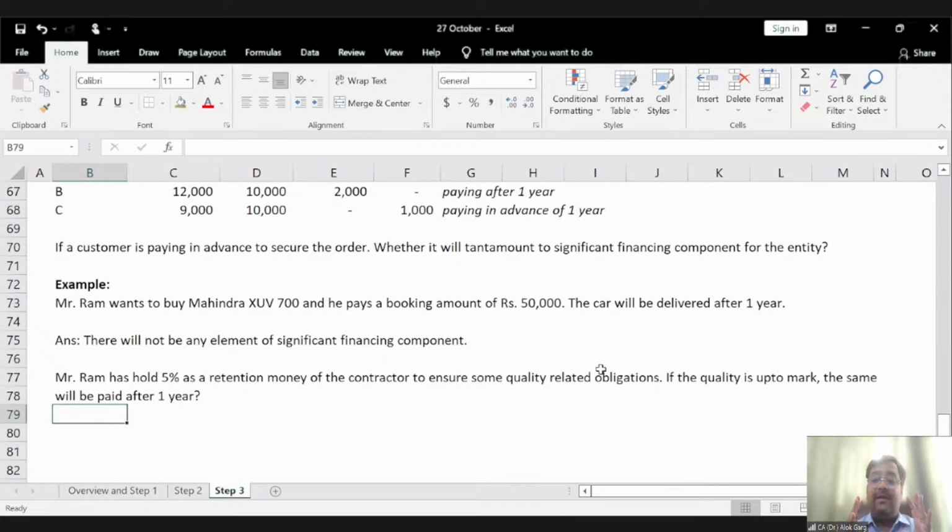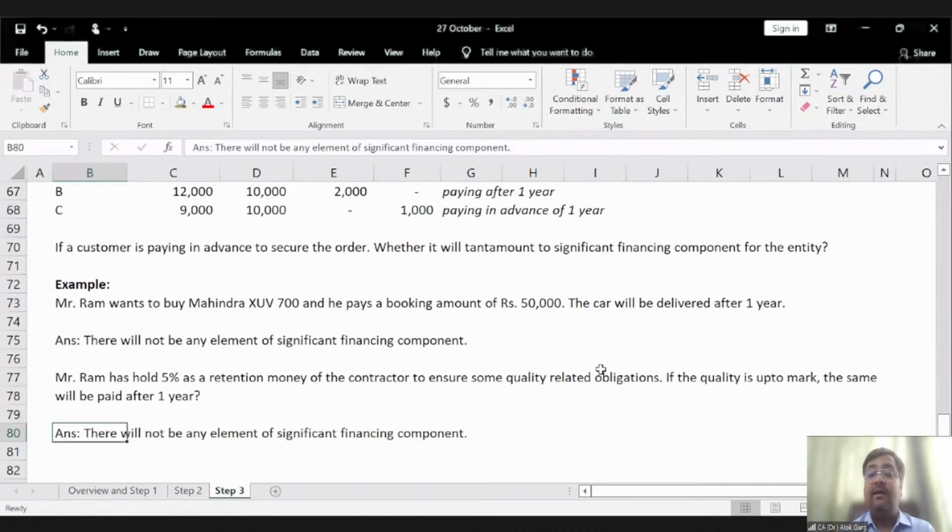So if the customer is deferring the payment only to ensure some quality related obligation, in this case also there will not be any element of significant financing component. This is only done to ensure the quality. Okay, so this will not be considered a significant financing component. Is it clear? So you need to see the facts also.